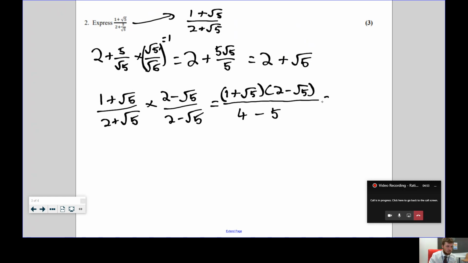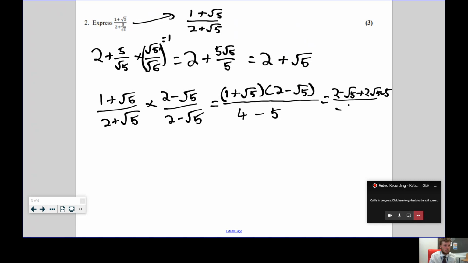Good. Looking at this then, multiplying out the top, 1 times 2 is 2, 1 times negative root 5 is minus root 5, root 5 times 2 is plus 2 root 5, and root 5 times minus root 5 is minus 5. 2 minus 5 is going to be negative 3.